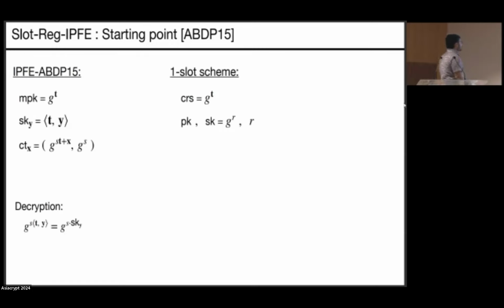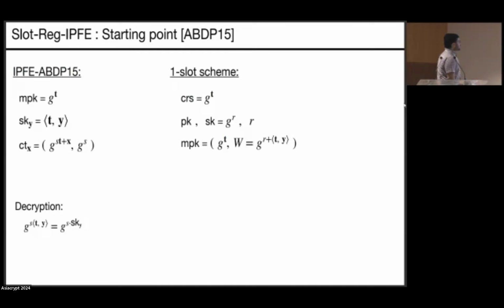Let's first construct a slotted registered FE for a one-slot scheme. That means in this scheme, we only have a single user in the system. So the CRS is basically the same as the master public key. And the single user samples the public key and secret key pair as we do in the plain ElGamal scheme.